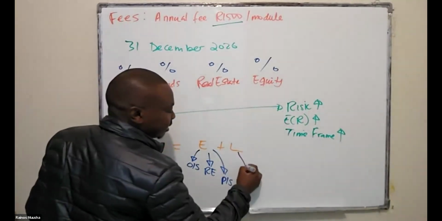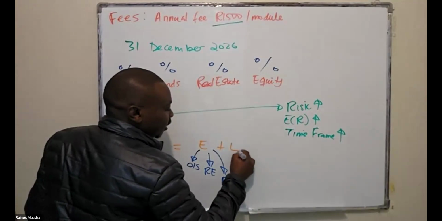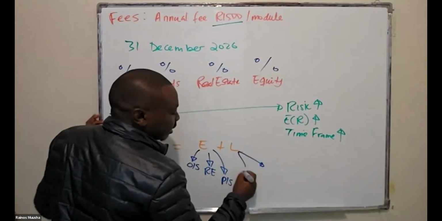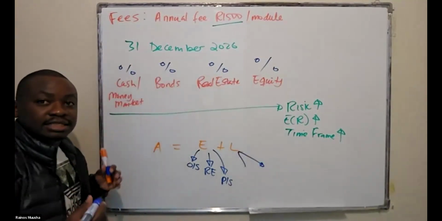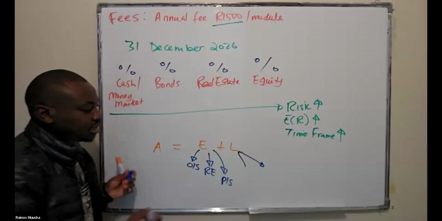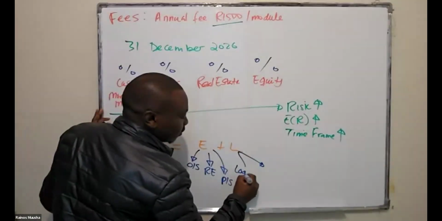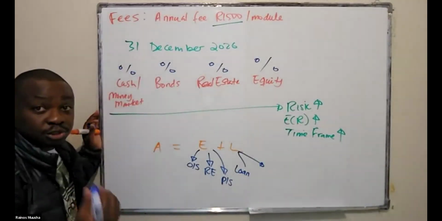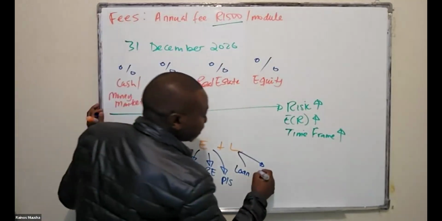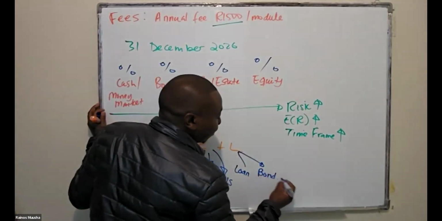Then under debt financing, a company, to finance its operations, can either get a loan from different institutions or individuals, or they can issue what we refer to as a bond.